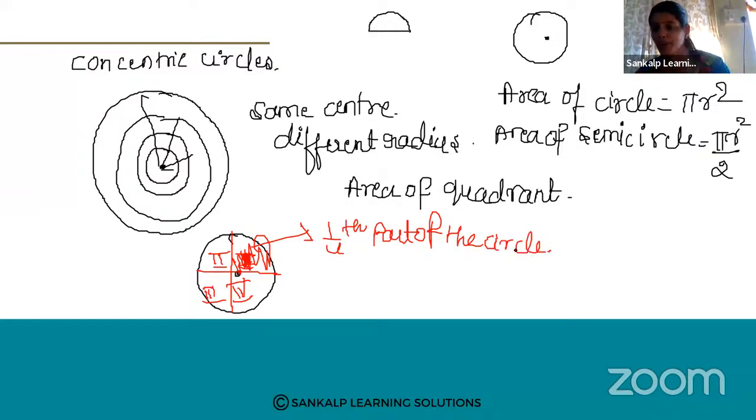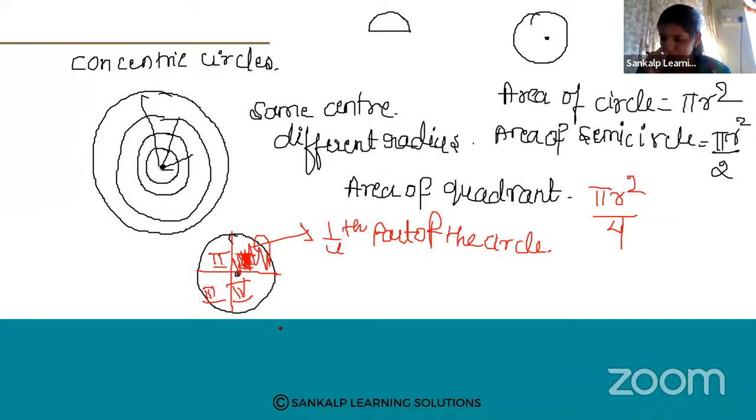Then the area of the quadrant is pi r square divided by 4. The full circle area is pi r square, and quadrant means 1/4 part, therefore pi r square divided by 4. So this is about the area of a quadrant.